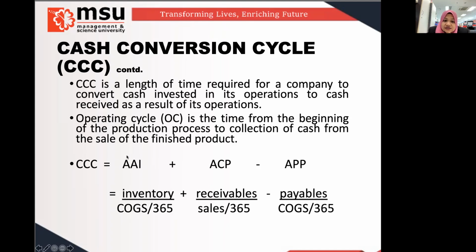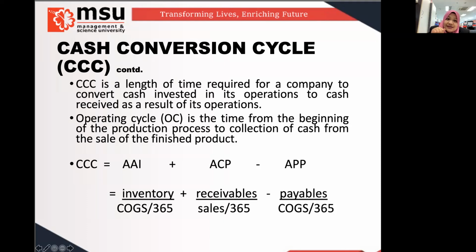So average age of inventory plus average collection period, we call this the operating period. Once you receive cash from the customer, then you need to know how long it takes for your business to pay your supplier, because you also get the material from the supplier on credit.